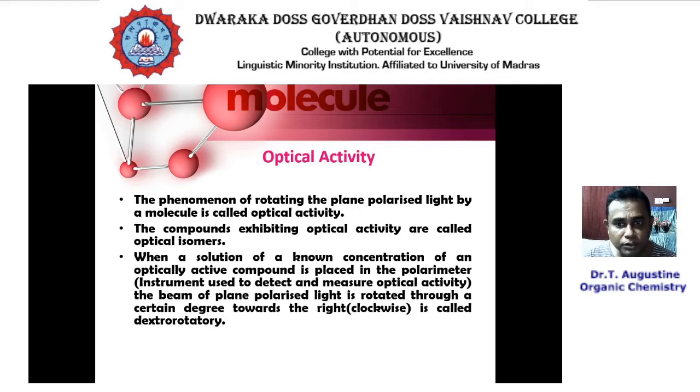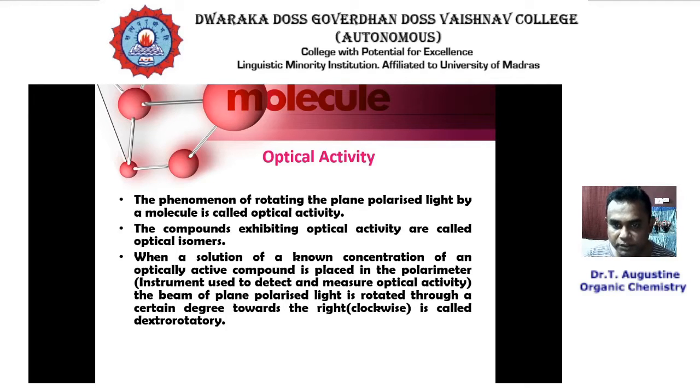When a solution of known concentration of an optically active compound is placed in an instrument called a polarimeter, which is used to detect and measure optical activity, the beam of plane polarized light is rotated through a certain degree towards the right or towards the left.